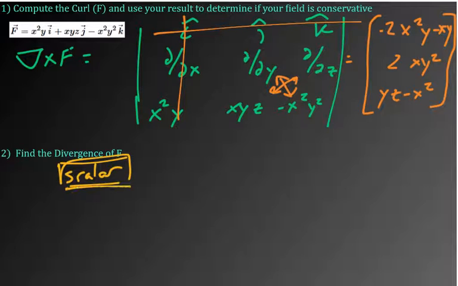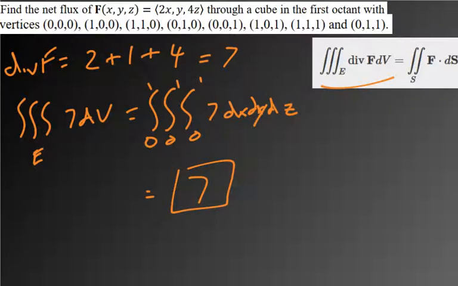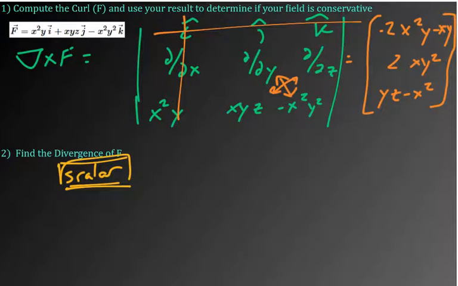Basically the way we do this one is we just take the partials and add them all up together.